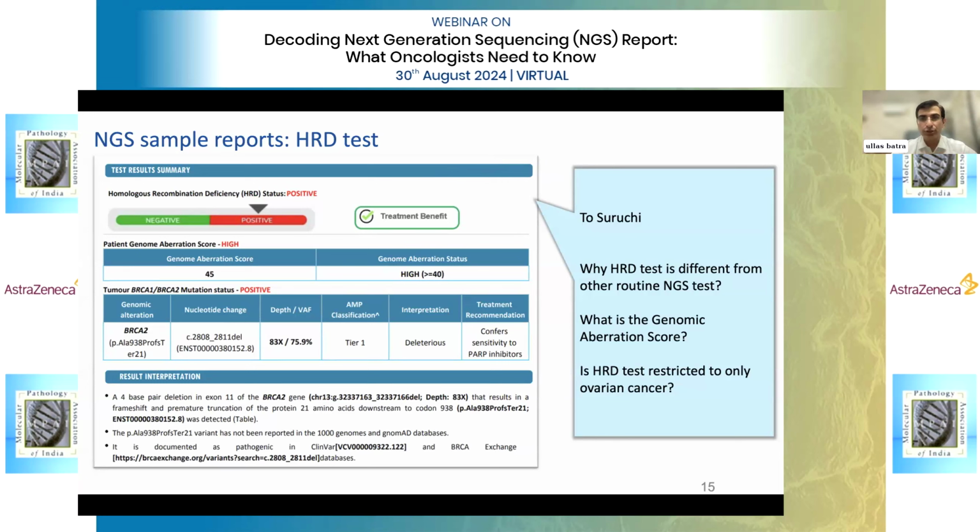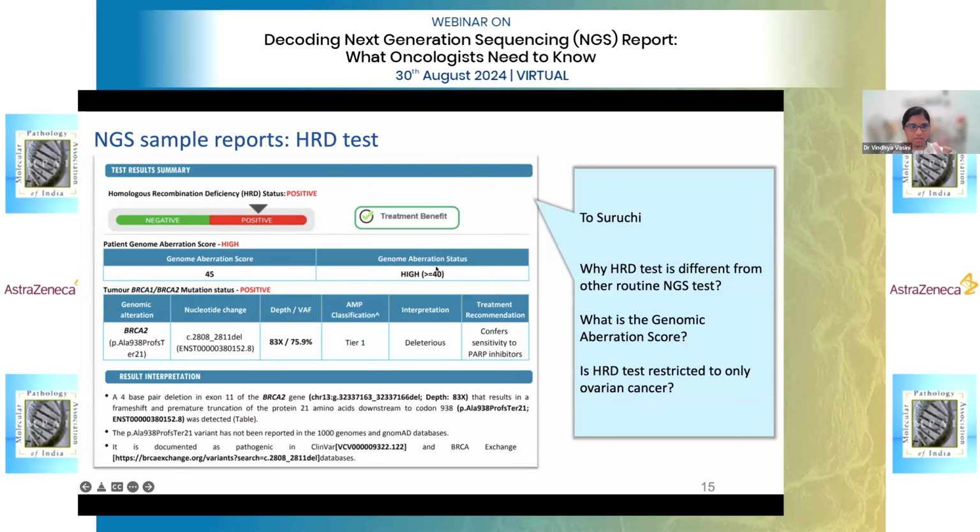And then I'll go to Dr. Suruchi. So in all ovarian cancer patients, I do advise HRD now that we have a free coupon from AstraZeneca. The HRD tests that are done in India are slightly different from the Myriad score. The Foundation One test, I think, uses only LOH, and the other Indian tests use different methodologies to arrive at the score.